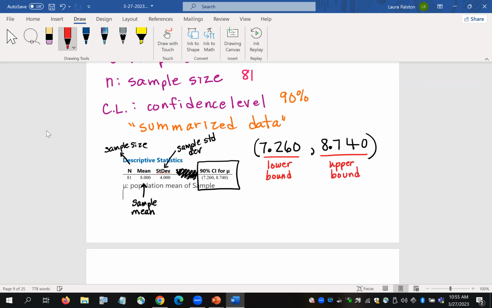And I know that on the test and on the homework quiz, you're going to have a question that says, what is the lower bound? You would just write the number down, 7.260. There's also going to be a question, what is the upper bound? It is 8.740. So you're just recording the results that you get from Minitab.